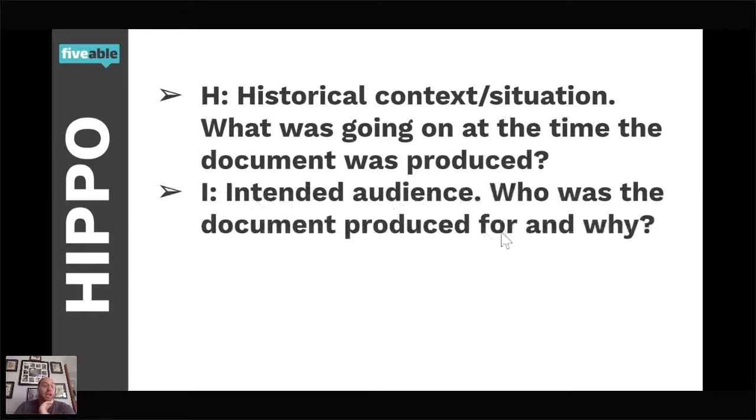Who was the document produced for? Why was it produced? One of the biggest things that students have a hard time with when it's a female author is that women at the time frame, generally, if it's prior to the early or mid 1800s, weren't being taught to read and write unless they were wealthy.